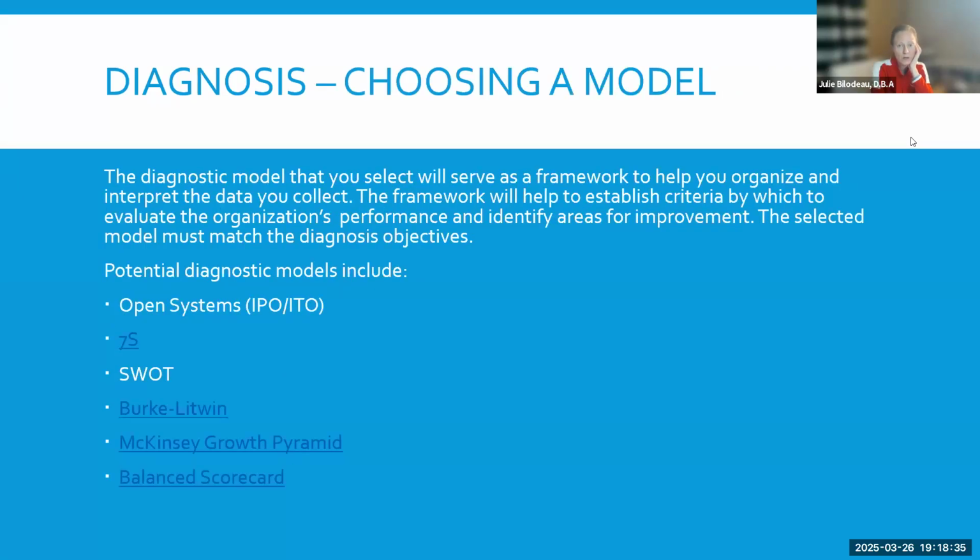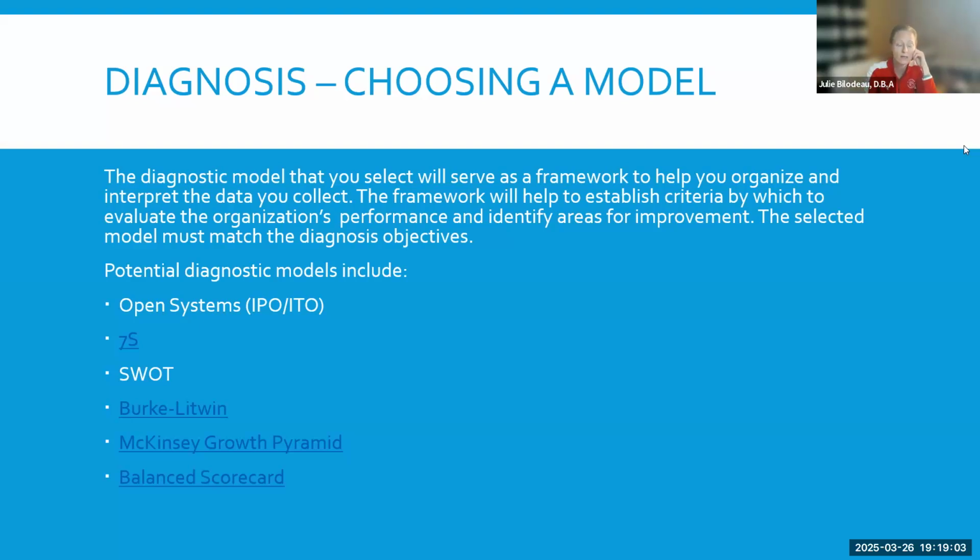All right, so choosing a model, and these are presented in your textbook. Some of them you may be familiar with, some of them you may not have heard of, and that's okay. Or some you might know by name, but not what it does. As you're working through your project work, you're going to be thinking about what kind of model might be appropriate for what I'm facing in this organizational situation.